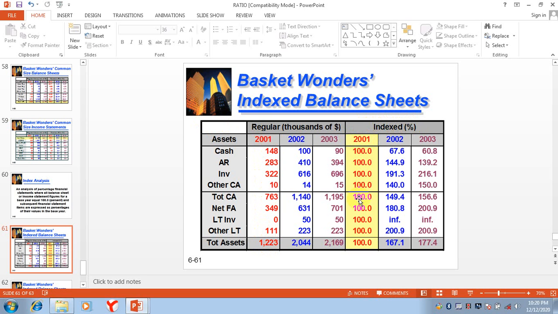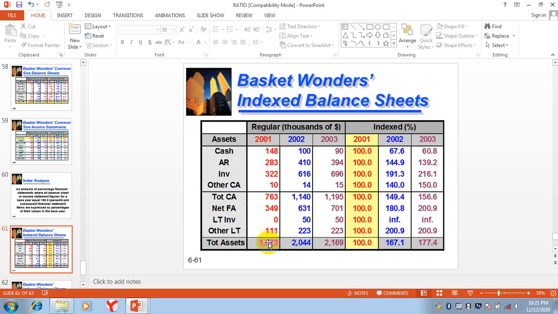All the figures of the base year will become 100%, and the other years, 2002 and 2003, will be as a percentage of this. Now see, this is 148, we make it 100. The cash comes down to 100. As compared to 100, this is 67.6%, meaning there is a decrease. See, the other year it is 60.8.